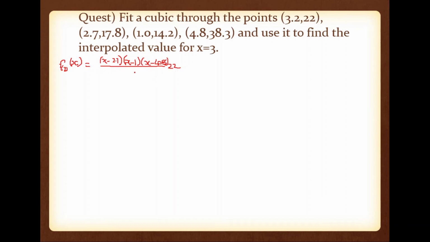So we can write 3.2 minus 2.7 into 3.2 minus 1 into 3.2 minus 4.8.